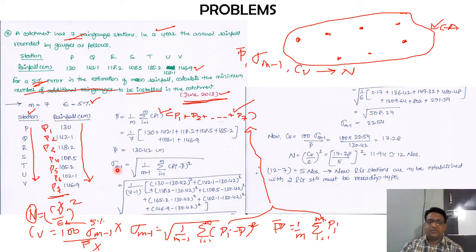Okay. So similarly, sigma m minus 1, the next step, that is square root of 1 by m minus 1 summation of i varying from 1 to m. So here it is pi minus p bar the whole square, which is available over here. Okay, keeping that in mind, if I now determine this particular sigma m minus 1 value, here the things will get a bit complicated, because in the previous problem it was only 4, here it is 7.